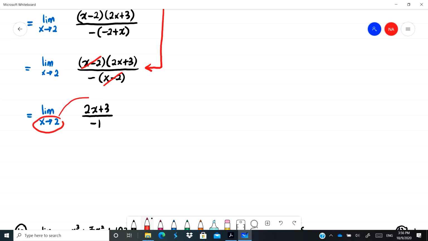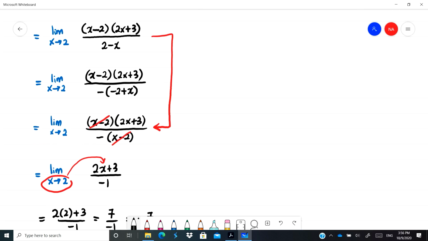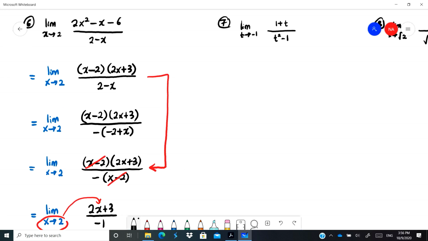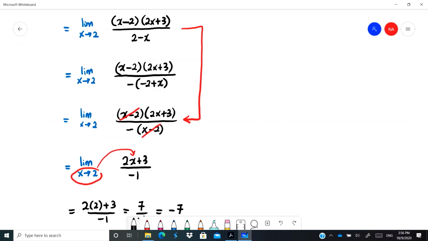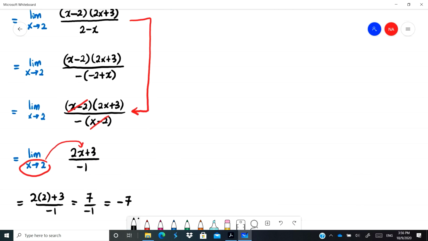You'll get 2 multiplied by 2 plus 3 over -1, so 7 over -1. The final answer will be -7. This is quite unique because you have to do some kind of factorization of the negative symbol. So please don't be weirded out by this function.